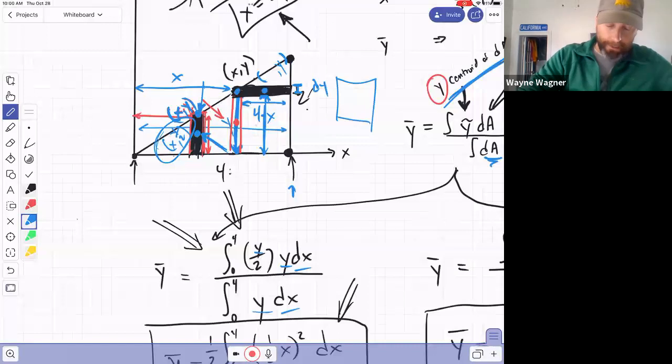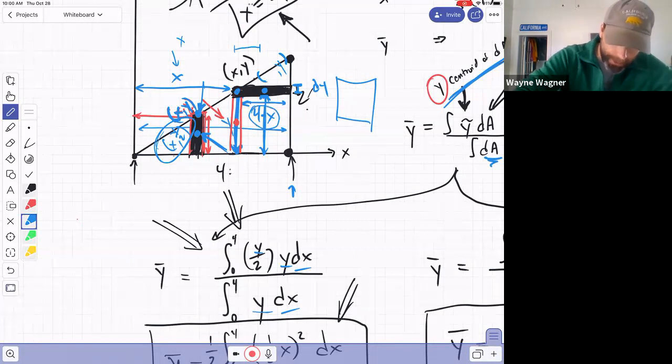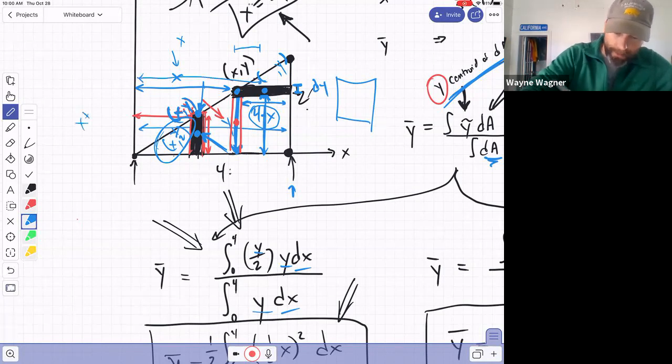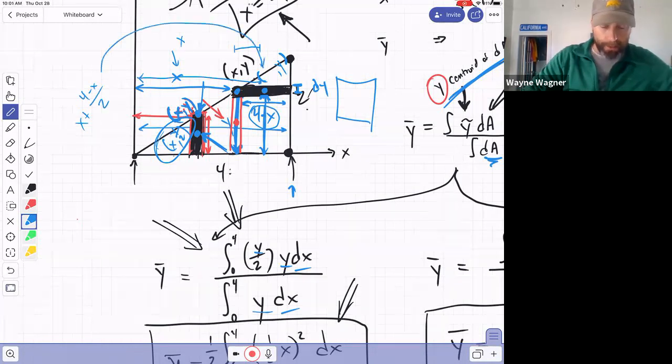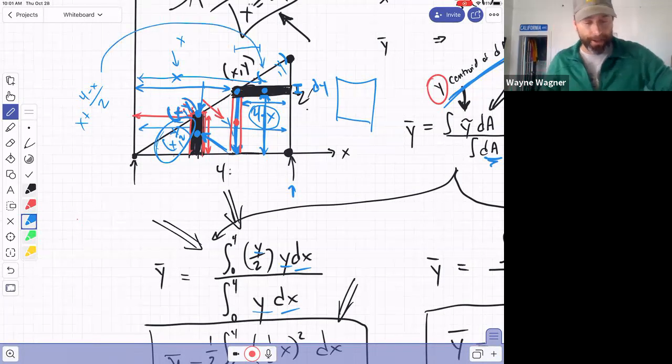We have to take this original X, and then add this little bit to get over there. Well, what's that little bit? It's 4 minus X divided by 2. So this whole distance would be X plus 4 minus X divided by 2, which is kind of annoying. We'd have to do algebra for that.